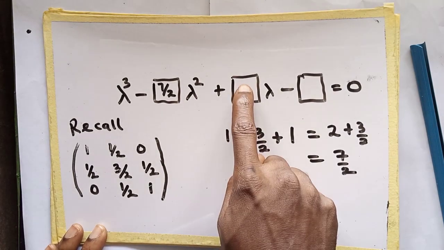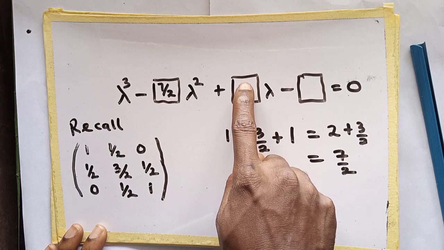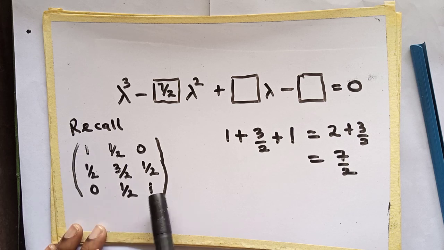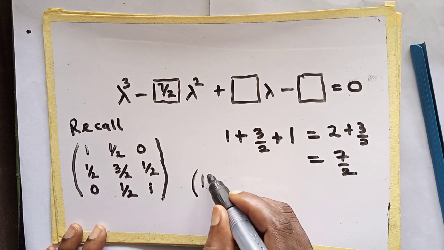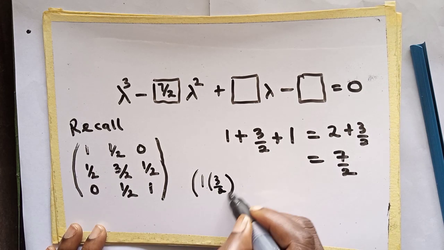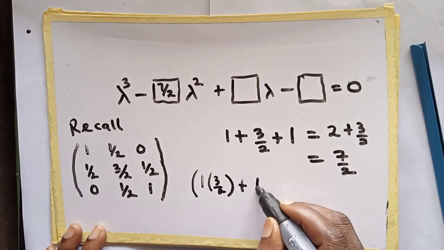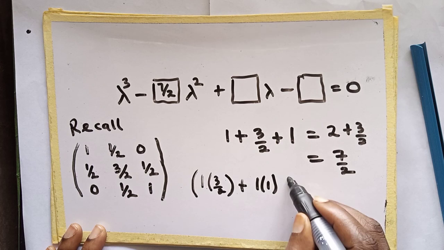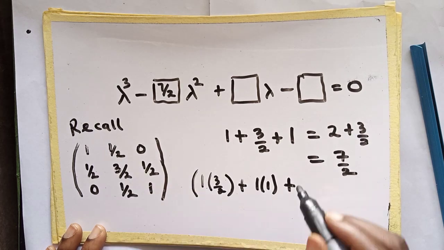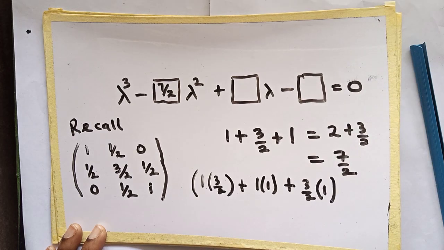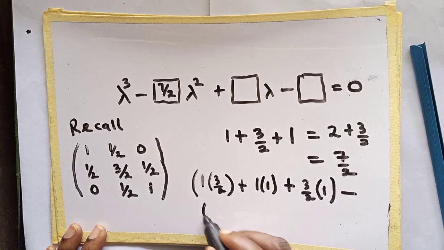To get this term, what we just need to do is to multiply this by this, and this by this. So we'll do it this way. 1 and this will give me 1 times 3/2. We'll add it. 1 and this will give me 1 into 1. We add this and this will give me 3/2 into 1. They will now say minus.